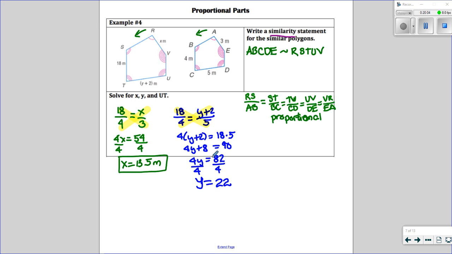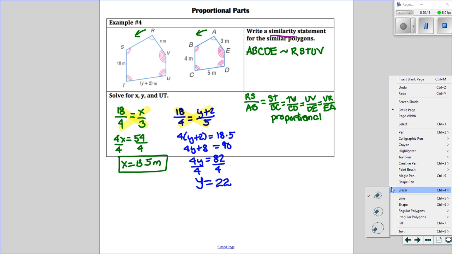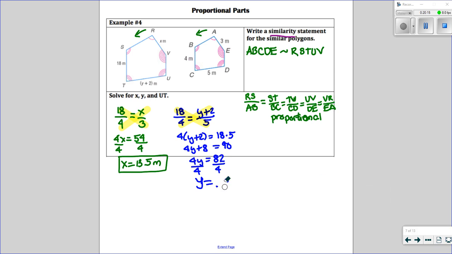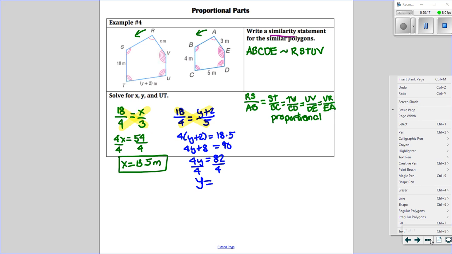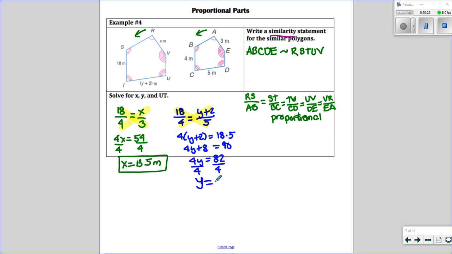Oops, not 22. What am I doing? 20.5. My bad. 20.5. And then box that. All right, so I found y.